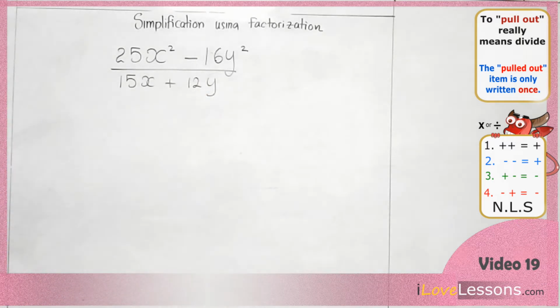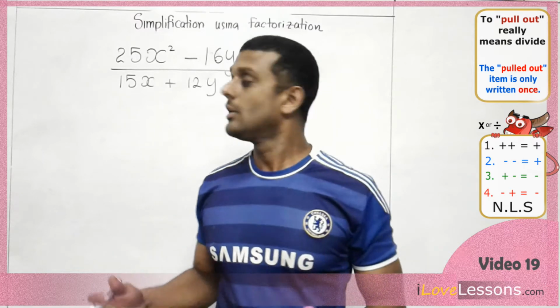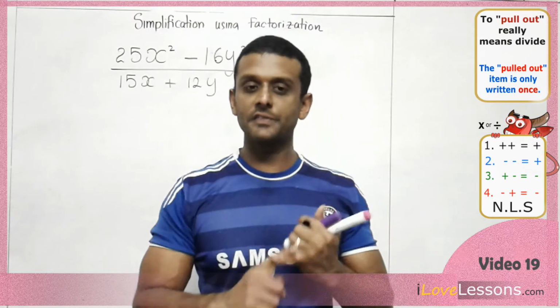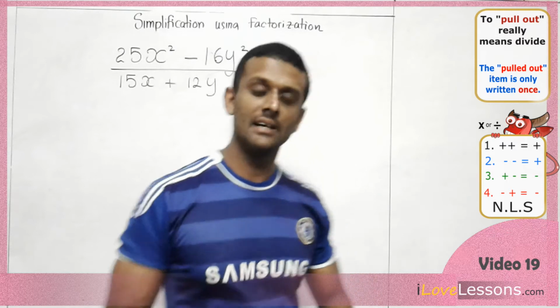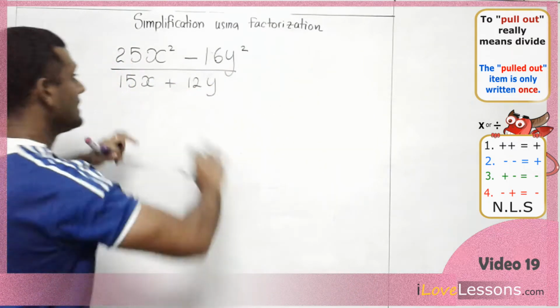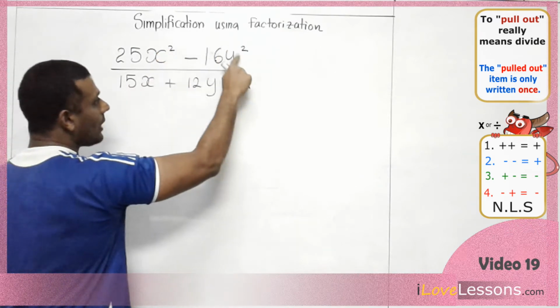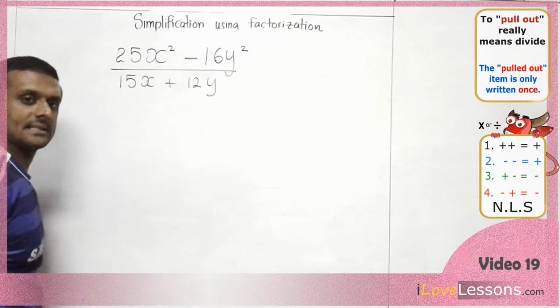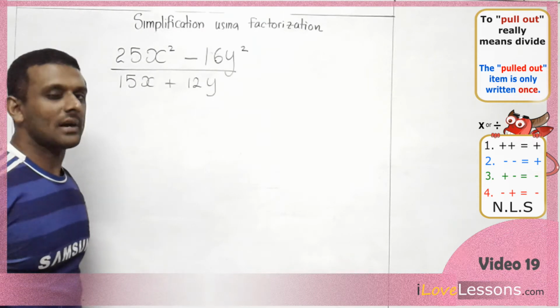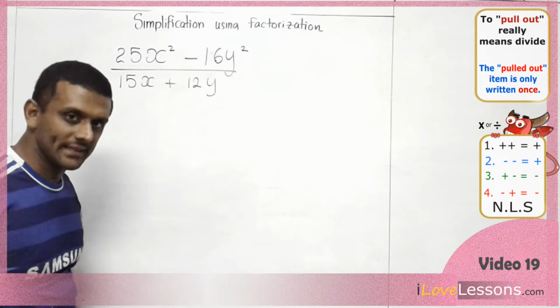Now, I strongly suggest that you review, if you haven't already, videos 15, 16, 17, and 18. Everything that we're doing here is based on those 4 videos. So, if you look at the top, you see 2 items squared and you have a minus sign in the middle. Now this strikes me as being the difference between 2 squares.